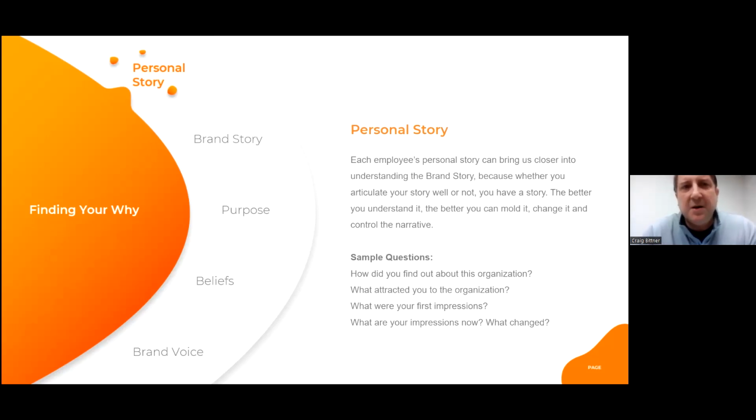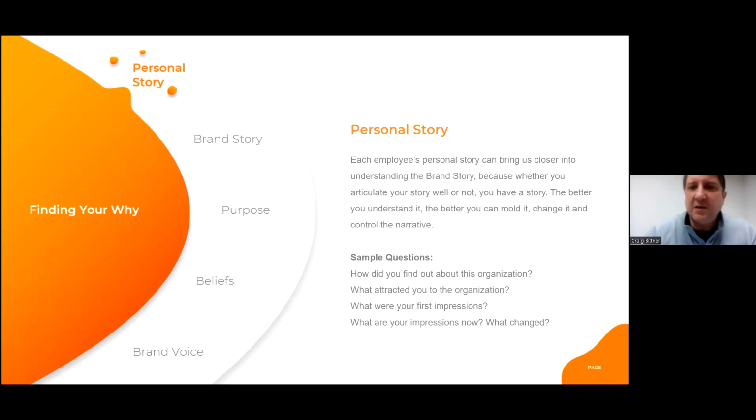The first part of finding your why is understanding your personal story. Each employee, everybody on the board, whoever has some stakeholder interaction with you can bring their personal story into play. And a lot of that can go into answering the question, what is your why?